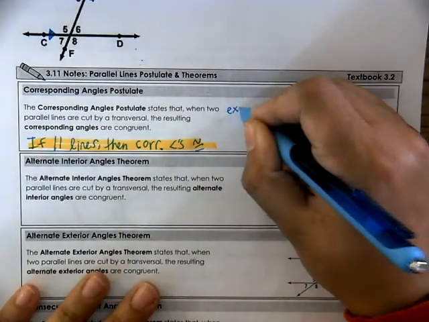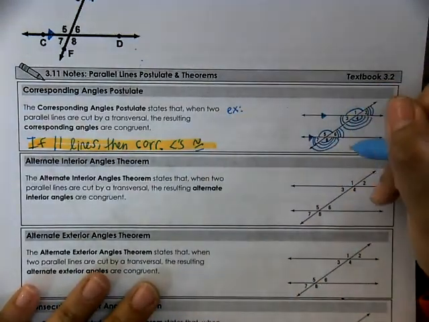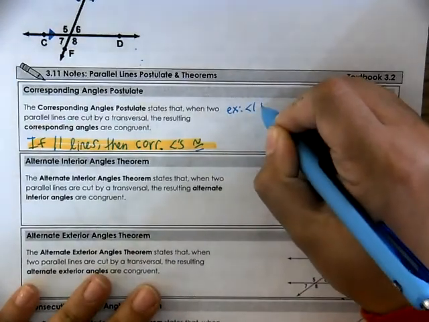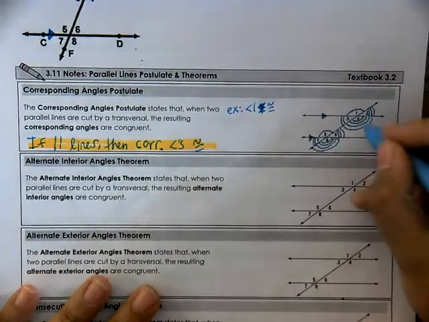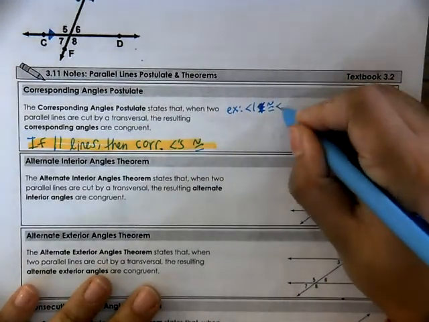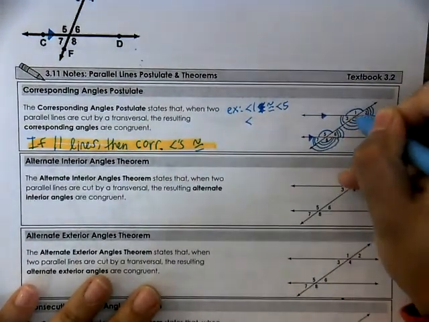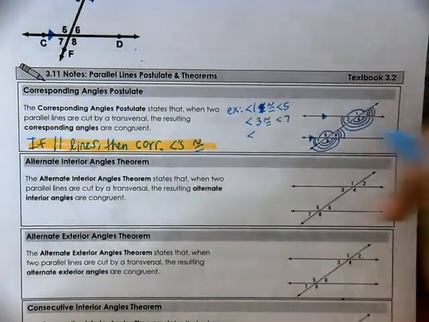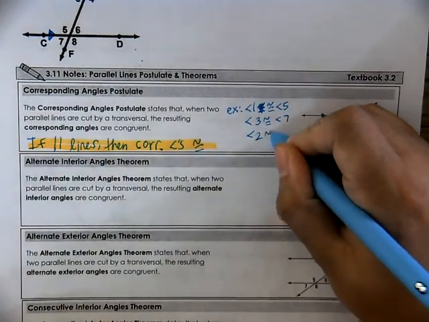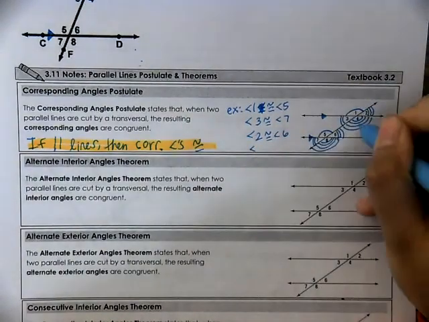But I can also just write my example of which of them are congruent. So I could say 1 is congruent, sorry, that symbol's not great, congruent to 5, because these are the corresponding ones. Again, 3 and 7 would be congruent, and we had 2 and 6, and finally 4 and 8.